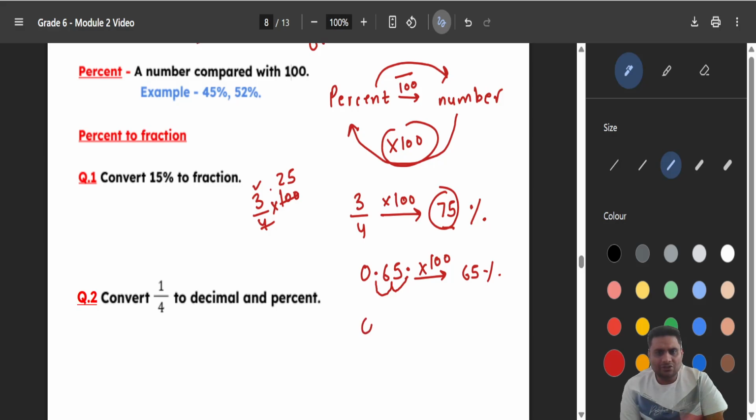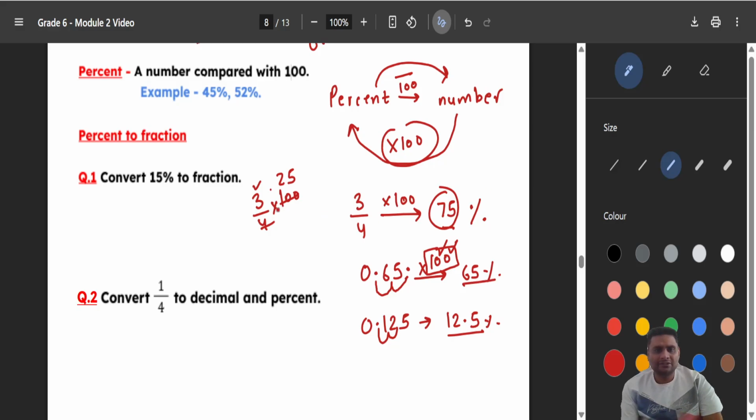If I have 0.125, I will shift the decimal 1 step, 2 steps, and this will become 12.5%. Why did I move only 2 steps? Because when you multiply by 100, it has 2 zeros, and these 2 zeros mean the decimal will shift 2 steps to the right side. Understood?